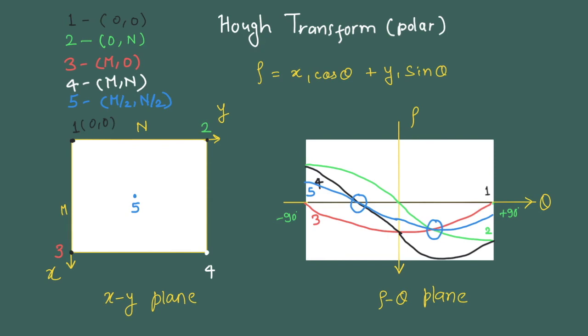It means the intersection of lines will tell us about availability of a straight line in the corresponding image. Greater are the waves intersecting, longer is the line. Thus, in Hough transform, each such intersection point is an indicator of one straight line.